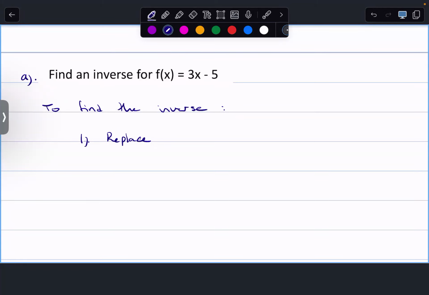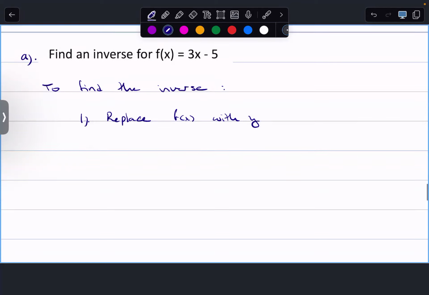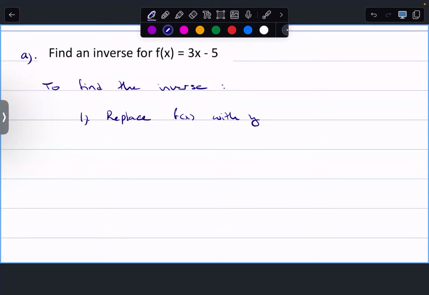Replace f of x with y. If you're comfortable just moving the f of x around, then that's cool, but I'm not. So what does that look like? Means y is 3x minus 5.